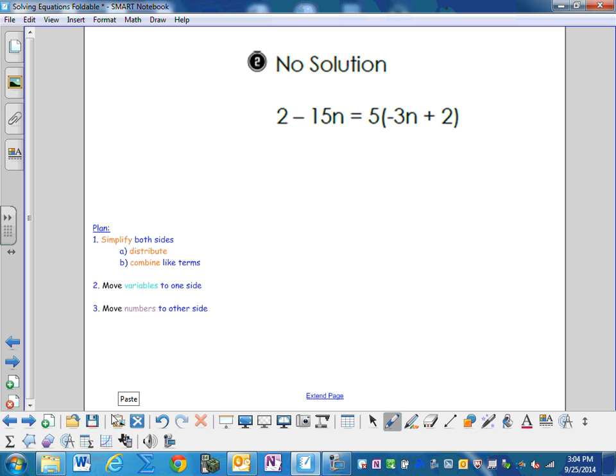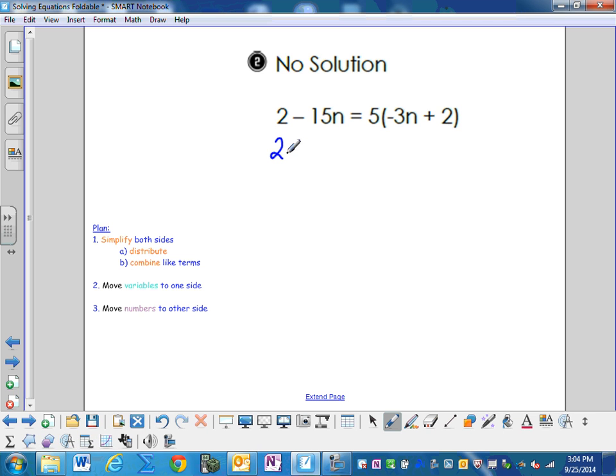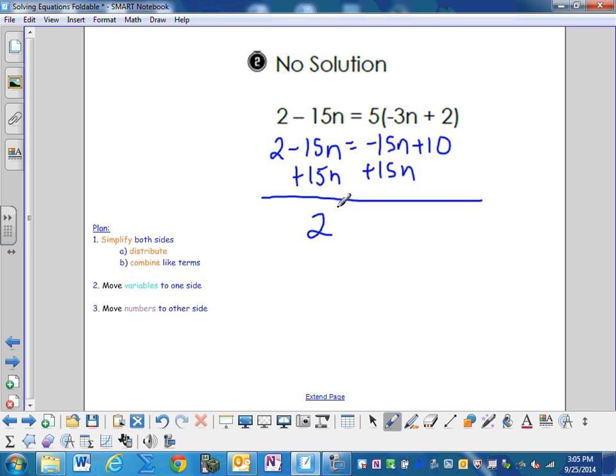Another example is no solution. So again, like any multi-step equation, I'm going to simplify both sides. And once both sides are simplified, I'm going to move the variables to one side. And since this is a special case, the variable will zero out.